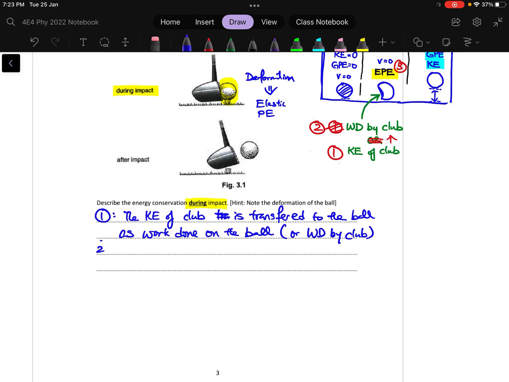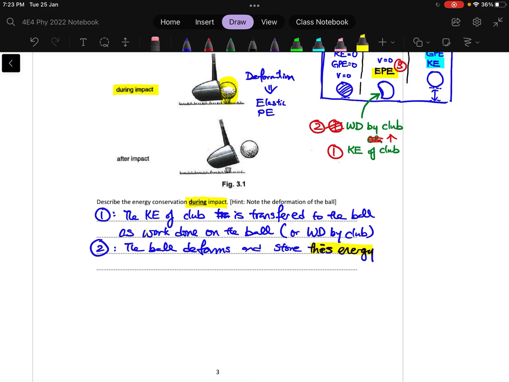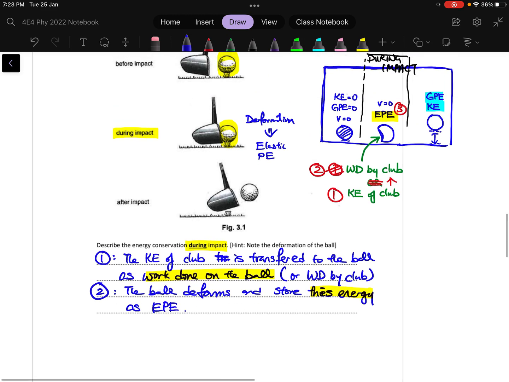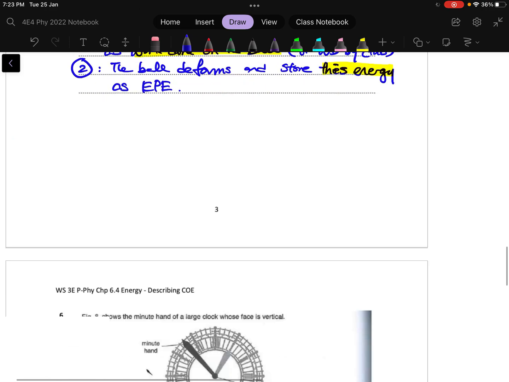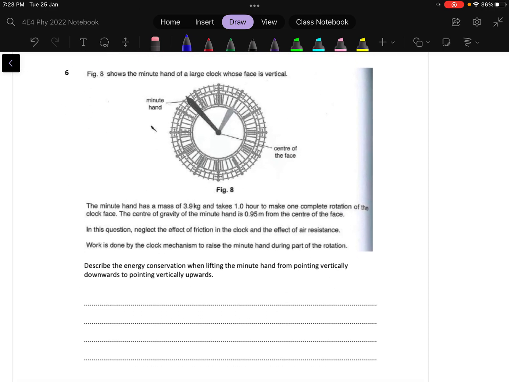Then number 2, the ball deforms and stores this energy. So this energy in English refers to the previous subject, right? We store this energy as elastic potential energy, and that is the end, right? Because this is during impact, the ball has not moved yet, and then it deforms. So I think this is the last one.